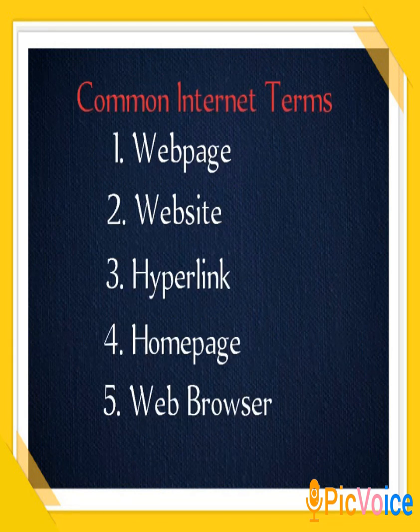Common internet terms. What are the terms of internet? First is web page. Dear students, we know what is web page. A page that contains information in the form of moving pictures, text, images, videos, or combination of them is known as a web page.